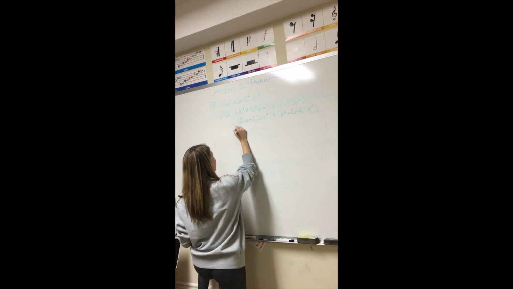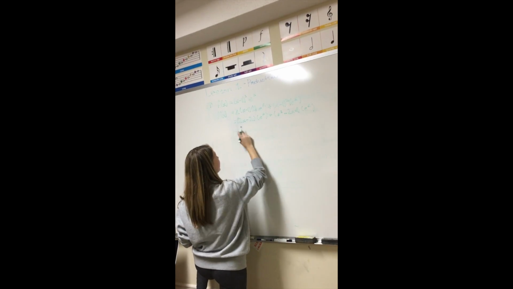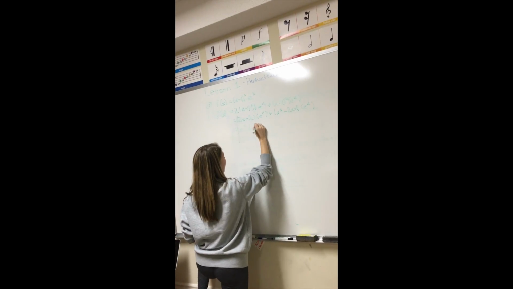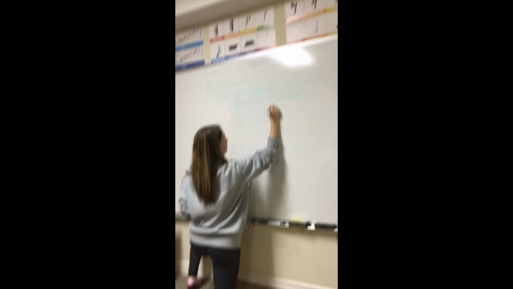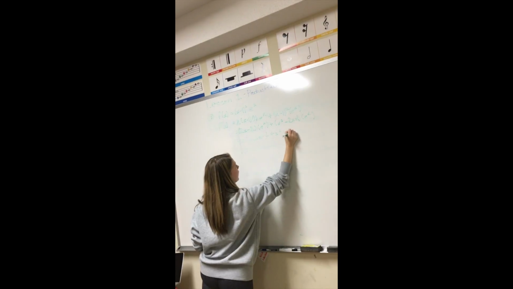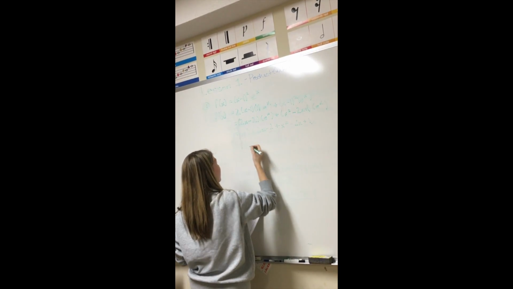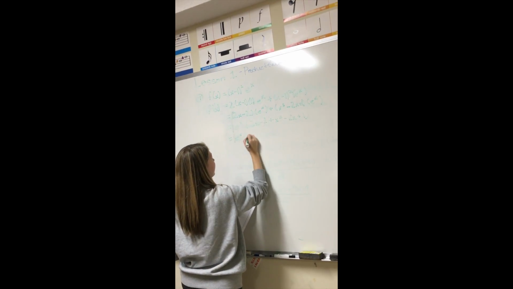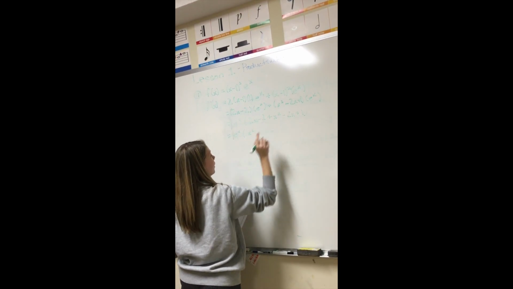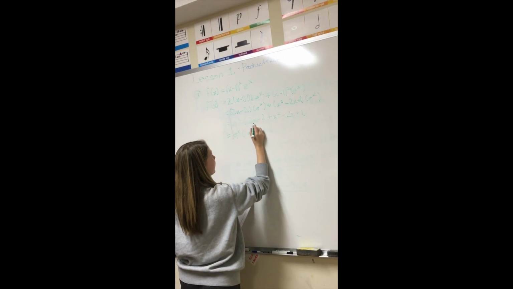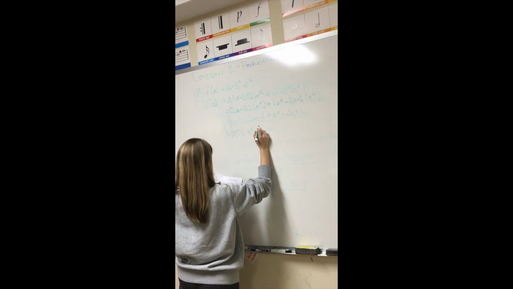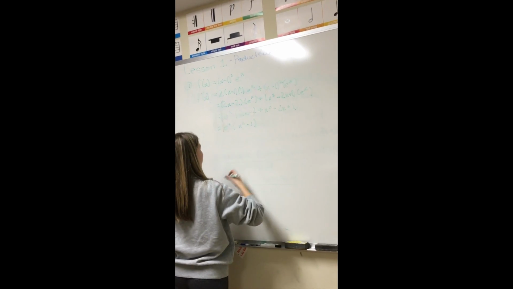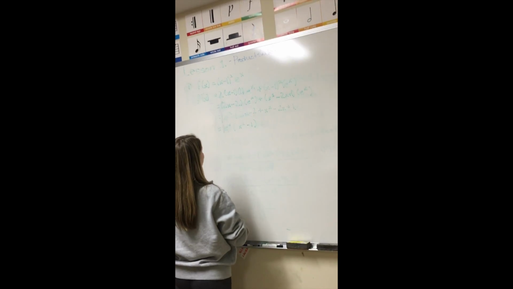We can then factor out an e to the x, which would give us e to the x times (2x minus 2 plus x squared minus 2x plus 1). Then collecting our like terms within the factor, we get x squared, since we always want to start with our highest exponent. x squared, 2x minus 2x gives us 0. Negative 2 plus 1 equals negative 1.